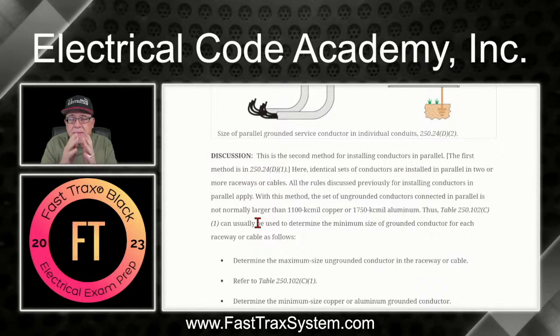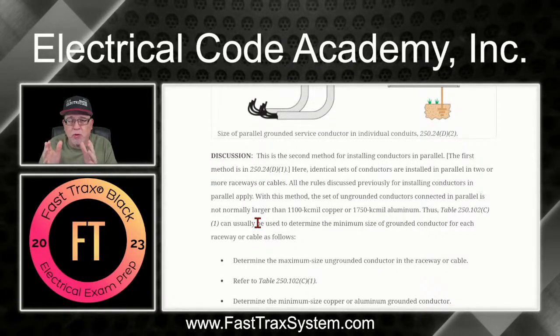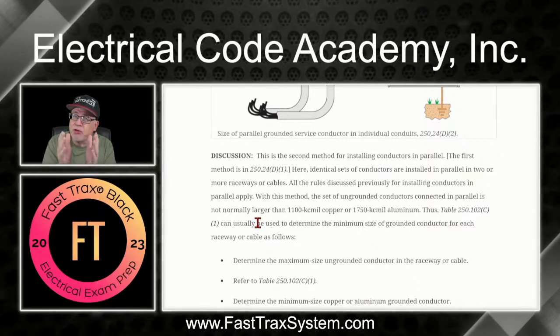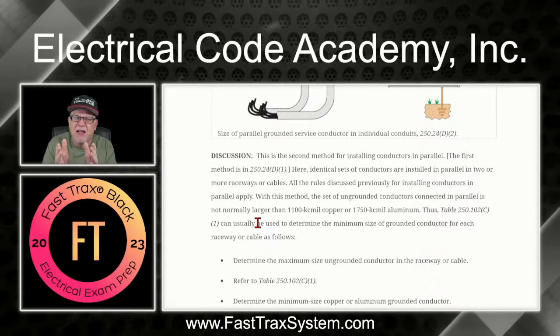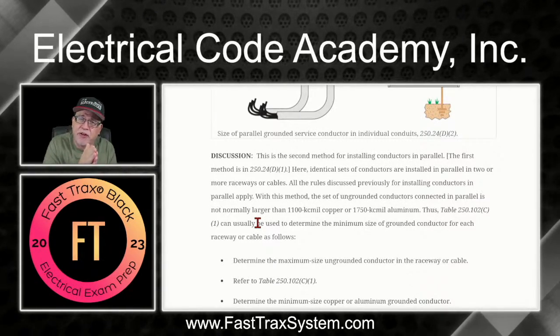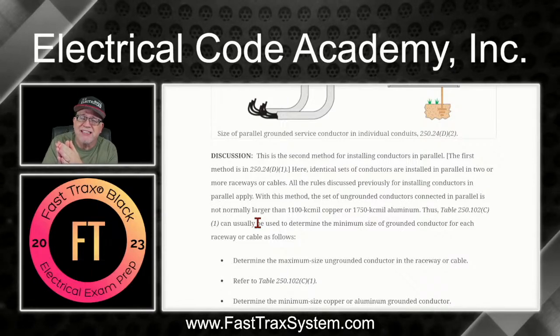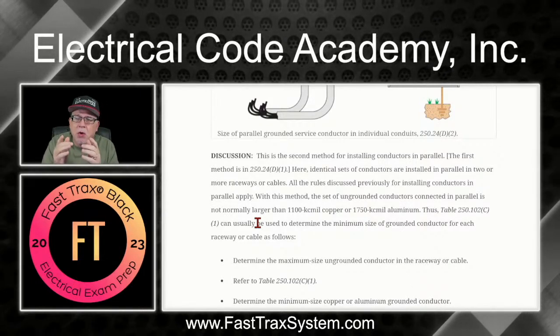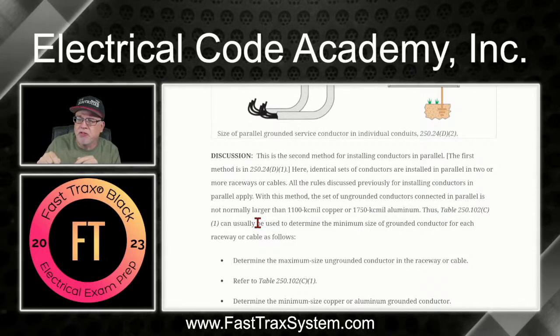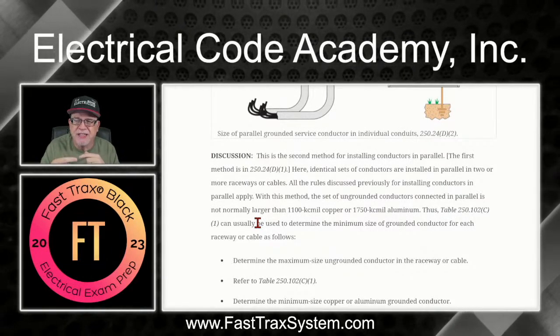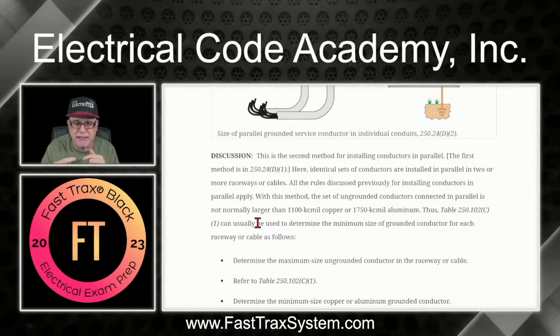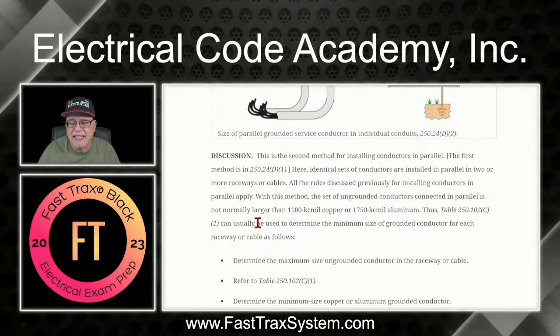If you have A, B, and C and a neutral in one raceway, then you have 2 sets. You just take phase A for both sets and add them together, and then you go to 250.102(C)(1), right? Simple. You do the same thing here. It's not going to reinvent the wheel here. Each raceway is treated differently, okay? So I just want to reiterate that.